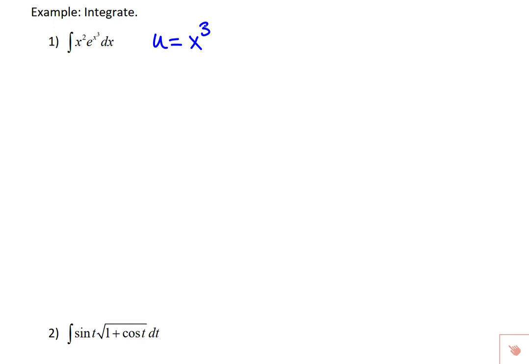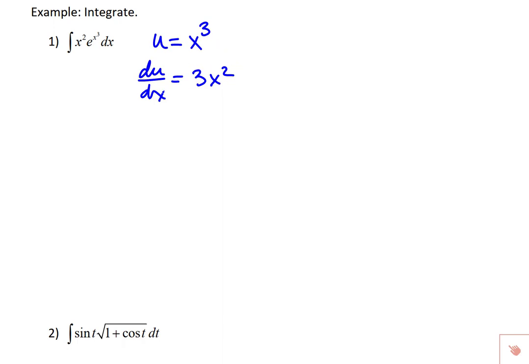Now let's see how this comes together in fitting with our notes above. I then would like to take the derivative of this u equation, which means du dx equals 3x squared. We're just taking the derivative with respect to x, and this is just the basic power rule here, so 3x squared.